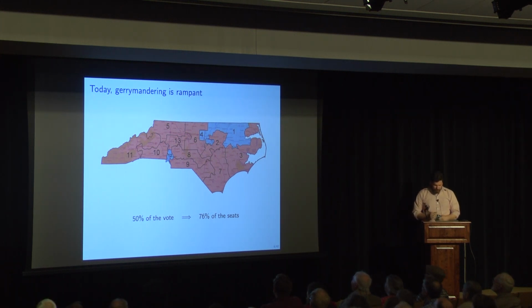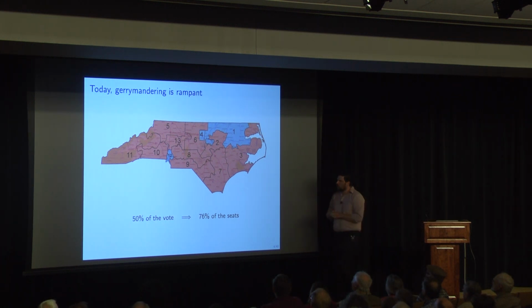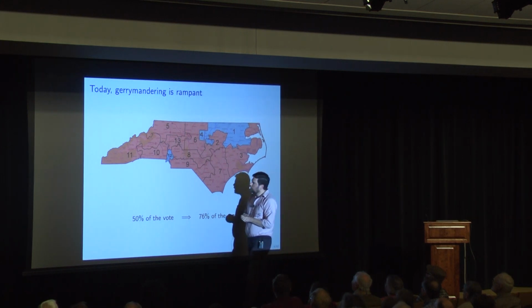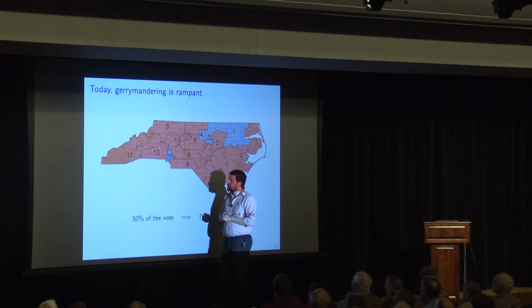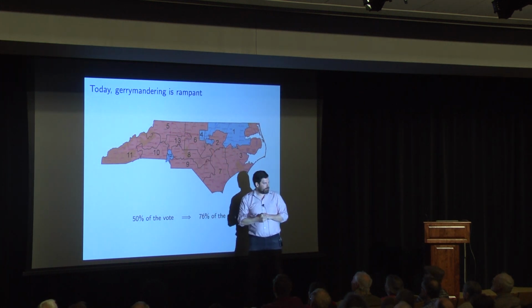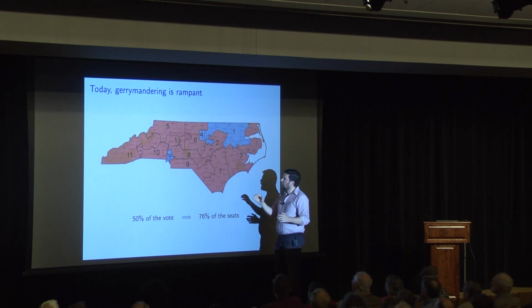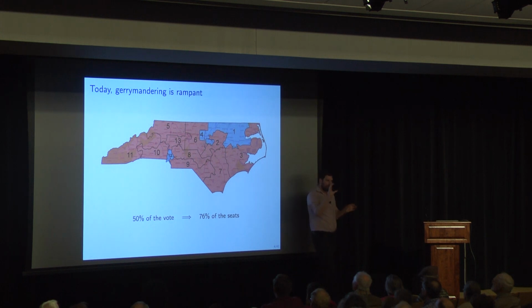So this is an example of a gerrymandered map. This is North Carolina. Red receives 50% of the vote, and they get over 3/4 of the seats. What you do is you pack Charlotte into a district, then you pack Raleigh in with Chapel Hill into a district, and then you pack Durham and other smaller urban areas into a district.